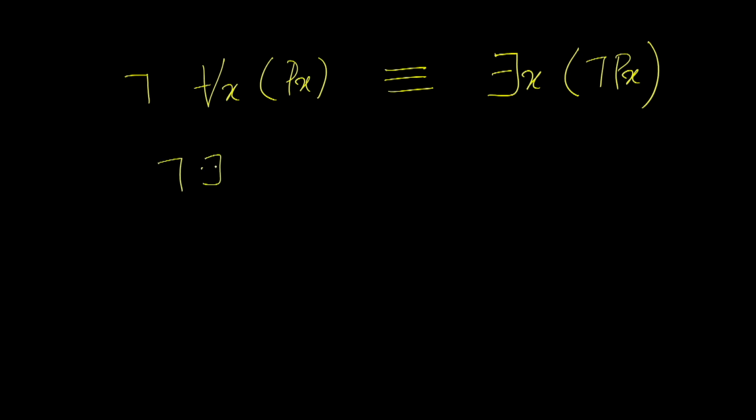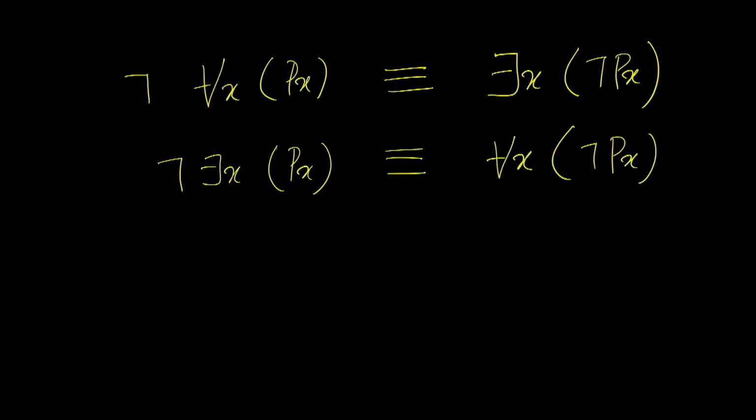Analogously, if there does not exist an X so that P of X is true, then for every X, P of X must be false. These two are called De Morgan's laws for first order logic.